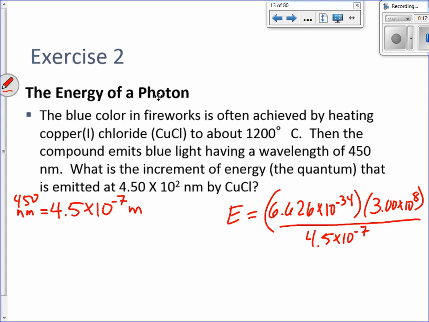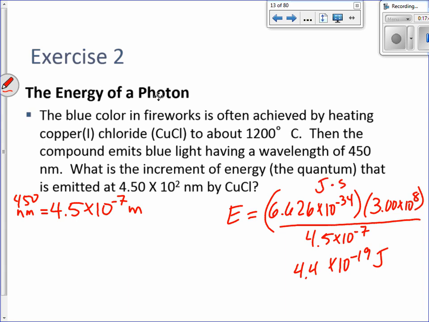And we end up getting what? 4.4 times 10 to the minus 19 joules. Yes, joules, because remember this is joules times seconds here.